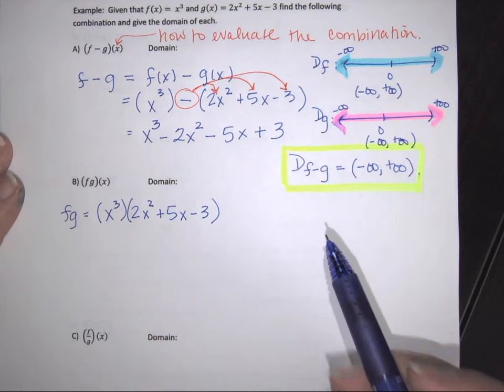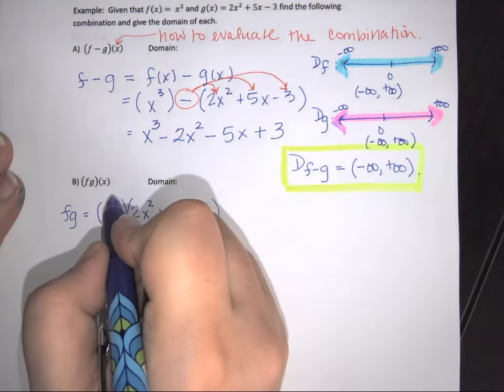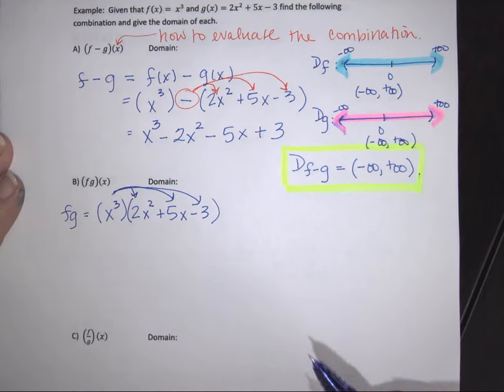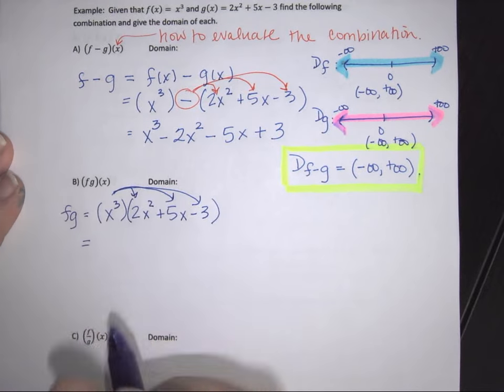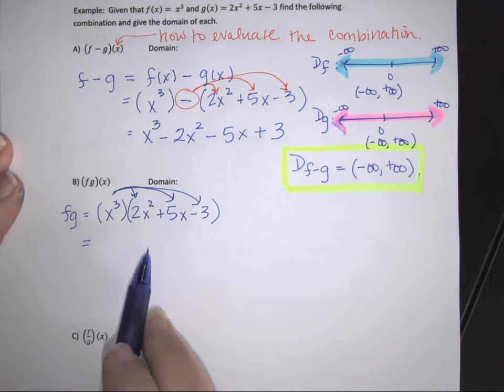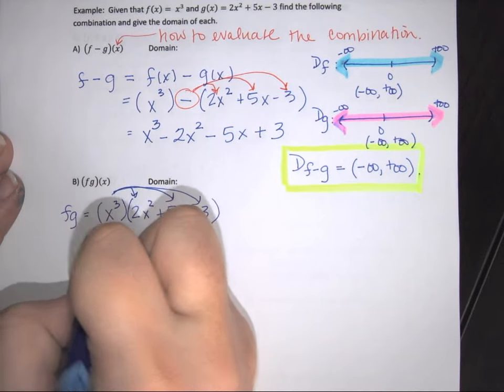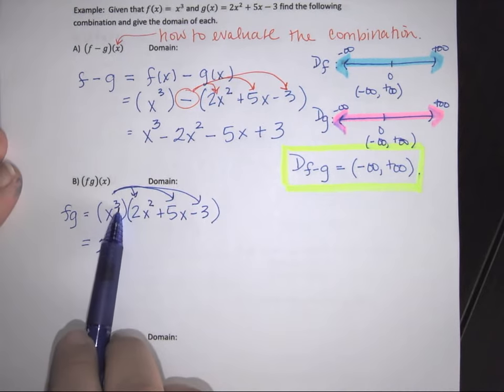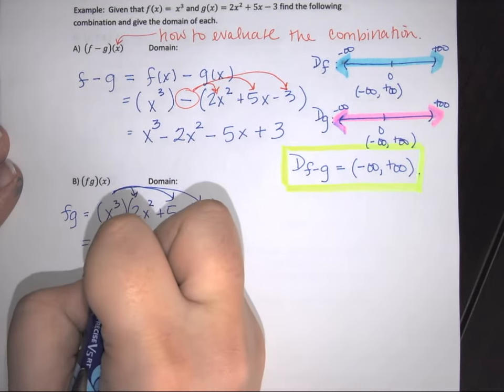Well, multiply says I need to distribute it through my parentheses onto all three parts. So we have x cubed times 2x squared, so we get a 2 out in front. This is still an x. And remember, when you are multiplying, we add the exponents. So this becomes 3 plus 2, which is 5.